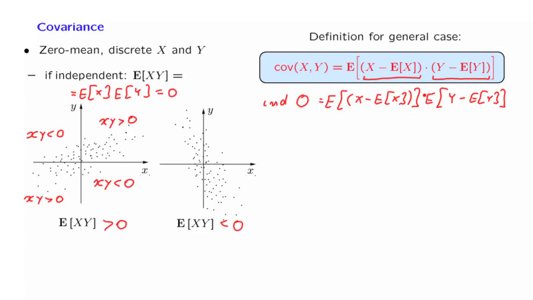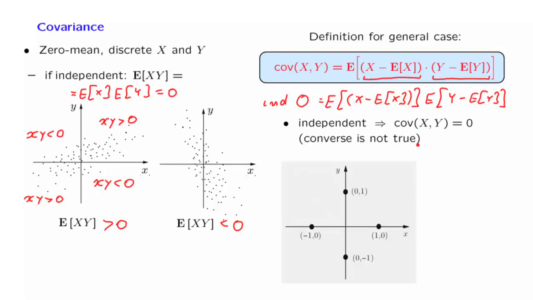On the other hand, the converse is not true. There are examples in which we have dependence but 0 covariance. Here's one example. In this example, there are 4 possible outcomes. At any particular outcome, either x or y is going to be 0. So in this example, the random variable x times y is identically equal to 0. The mean of x is also 0, the mean of y is also 0 by symmetry, so the covariance is the expected value of this quantity, and so the covariance in this example is equal to 0.